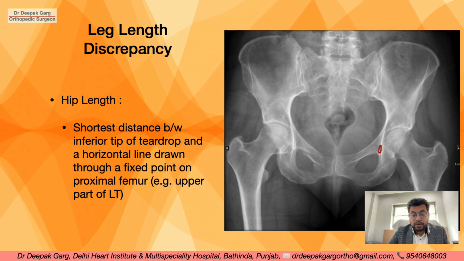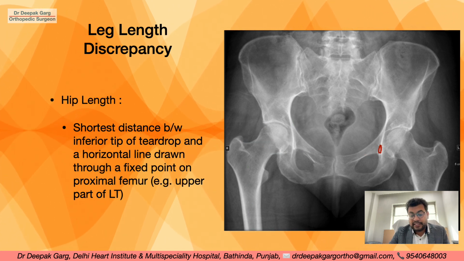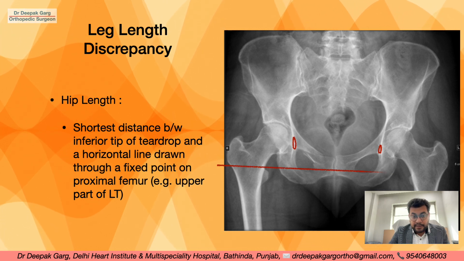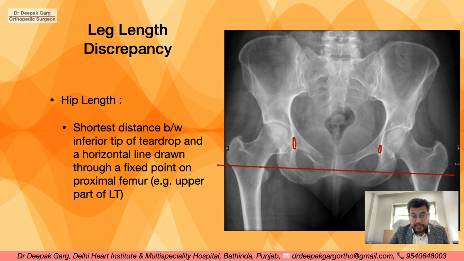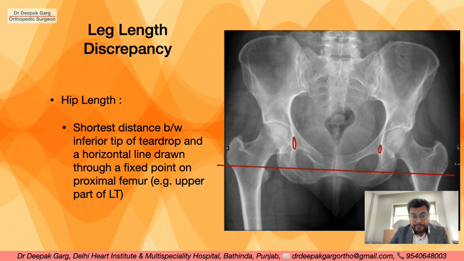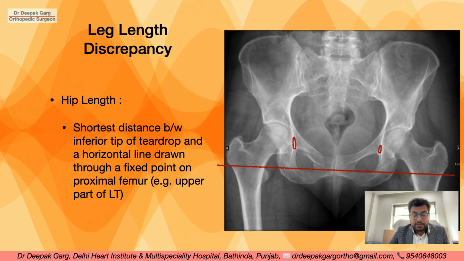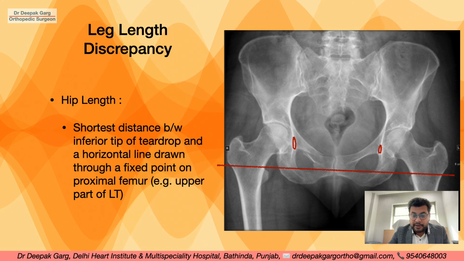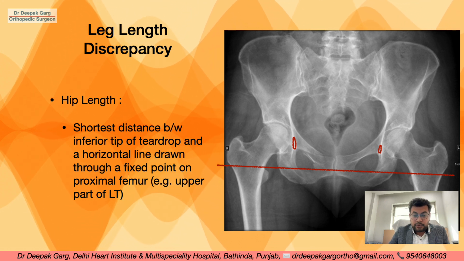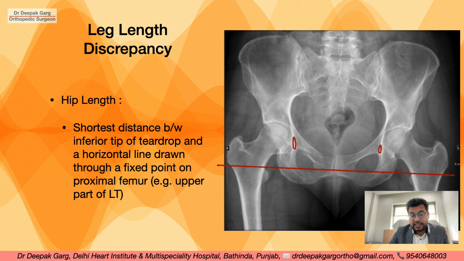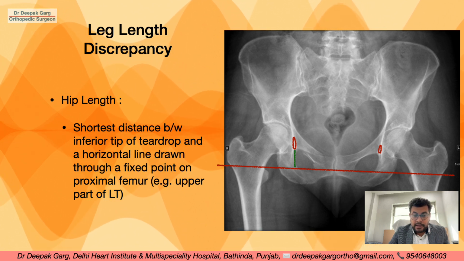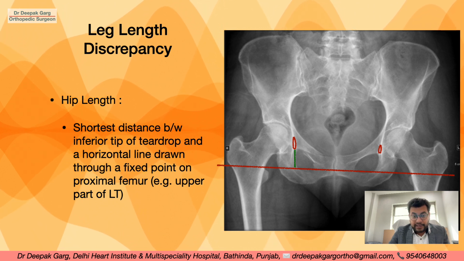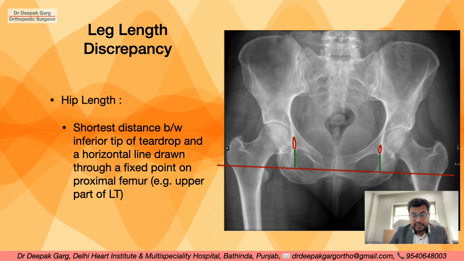Then let's talk about the leg length discrepancy. How will we calculate the leg length discrepancy? We will first draw the inter teardrop line, and then we will draw a horizontal line passing through the tip of the lesser trochanter, and then we will calculate the distance from the inferior part of the teardrop line to this line passing through the superior tip of the lesser trochanter, and then we calculate the difference between the length of these two lines.